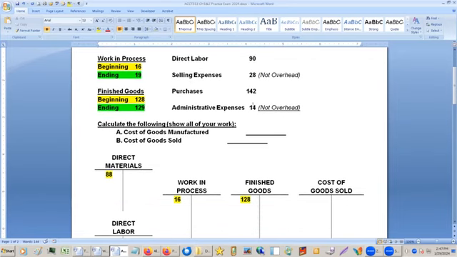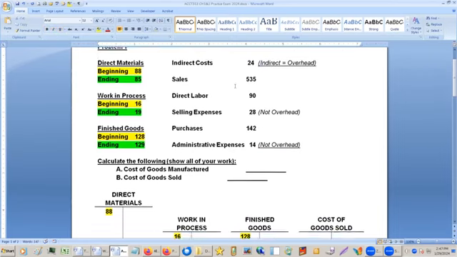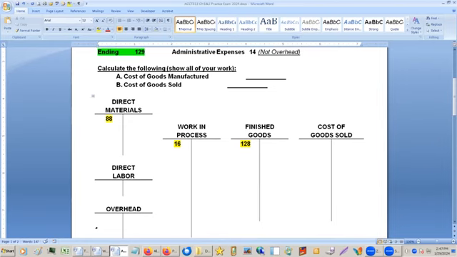Indirect costs are the same thing as overhead.